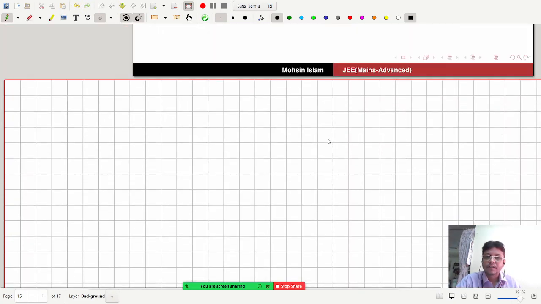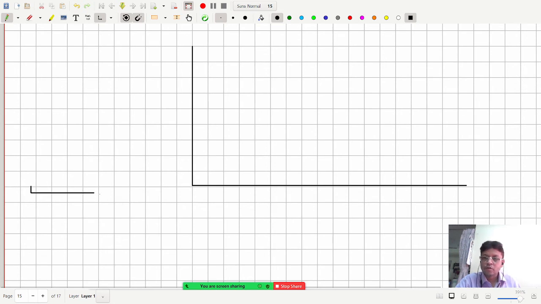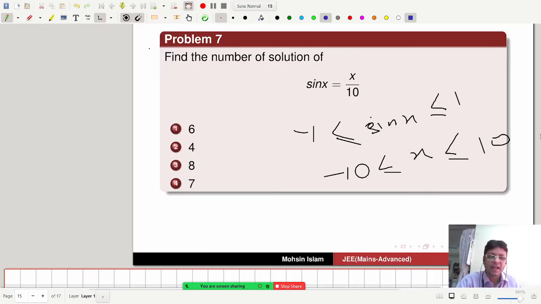Yeah, that's it. You have the region here. So let's draw the coordinate axis first, as usual. And this side also, let's take the coordinate axis. Okay, that's it. Now let's draw the sine curve first. And the sine curve, you have to draw from minus 10 to 10. That means 3 pi, actually. Pi is 3.14.